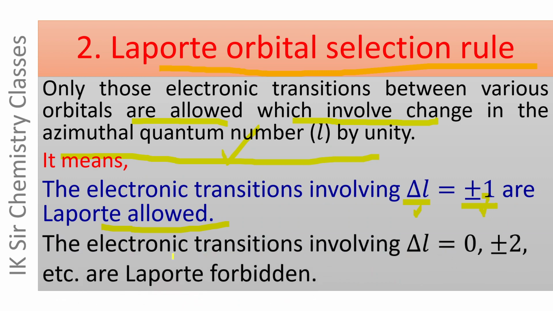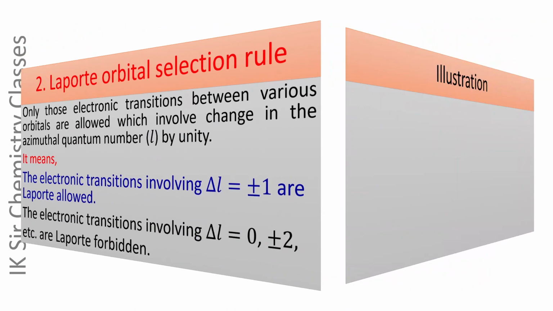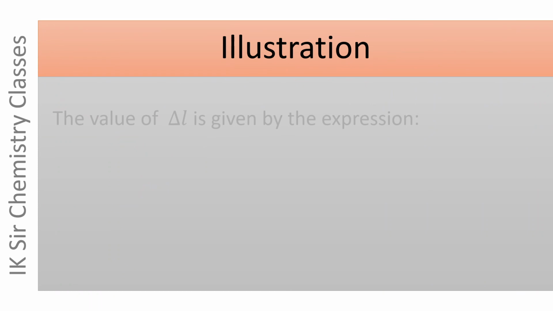On the other hand, the electronic transitions involving delta L equals to 0 or plus minus 2 are Laporte forbidden. In nutshell, we can say that the electronic transitions which lead to change in azimuthal quantum number by unity are Laporte allowed while the other ones are Laporte forbidden. Let us illustrate it.